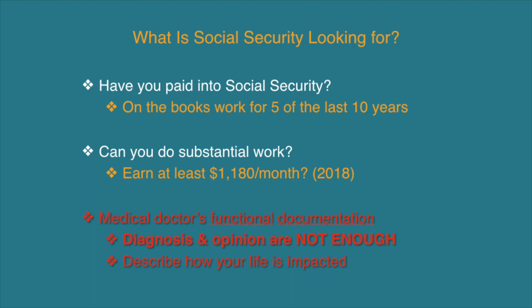The third thing up here on the slide is in red because it is the most important aspect of this. If you are working with a doctor and you are thinking about applying for Social Security, it is imperative that you talk with your doctor and say, hey, I'm really running into some problems working. I keep trying and it's not working for whatever reason.